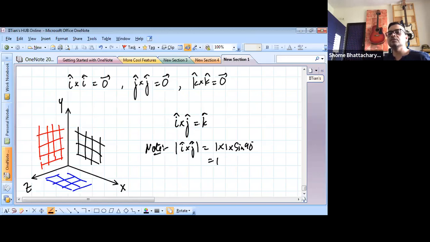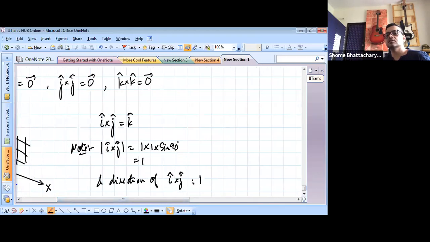So I cross J will give you a unit vector, and its direction will be along the positive Z axis.